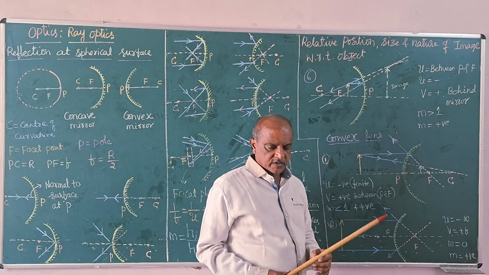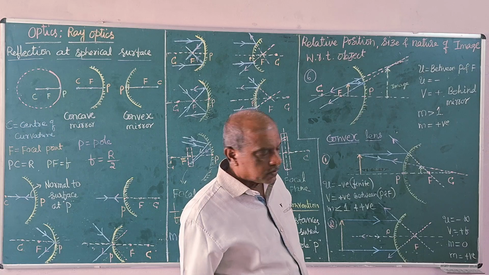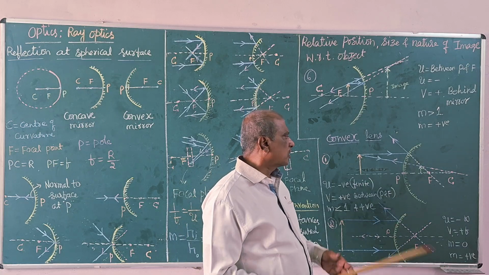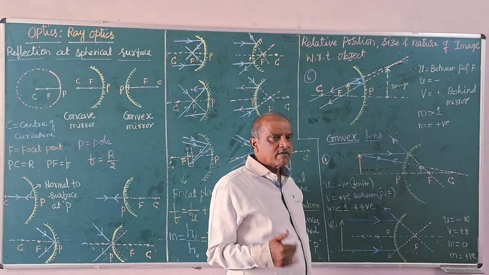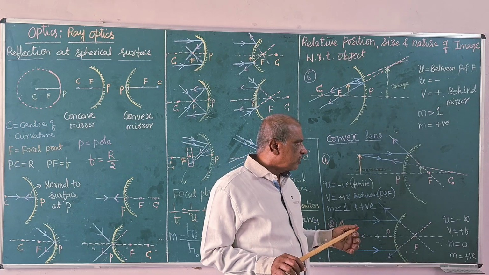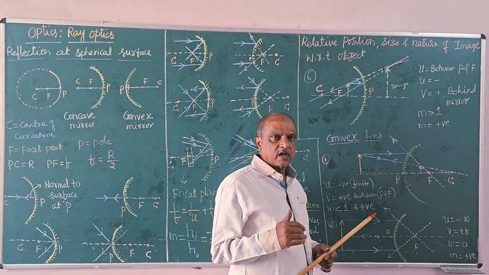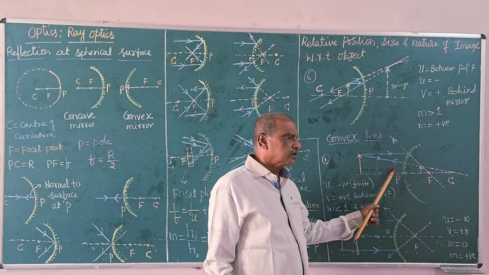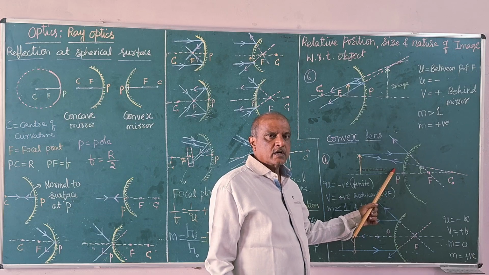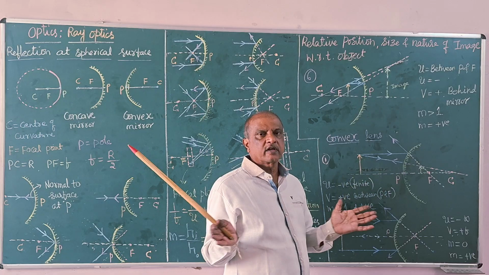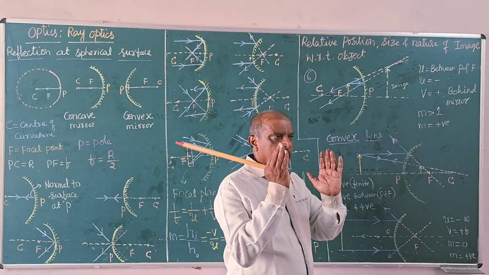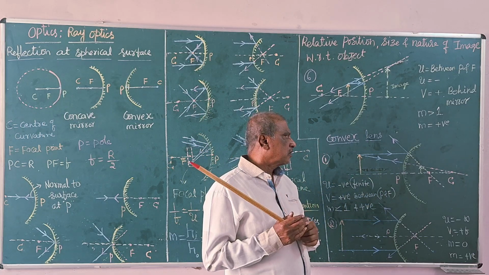We use this convex mirror as a rear view mirror in vehicles, for one case, and also as a security mirror, because you can cover a wider area and view the entire area through the mirror.